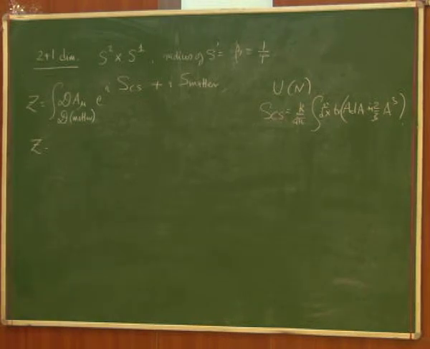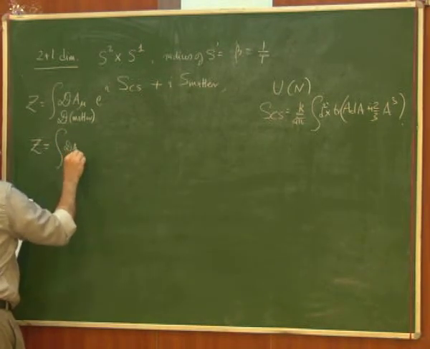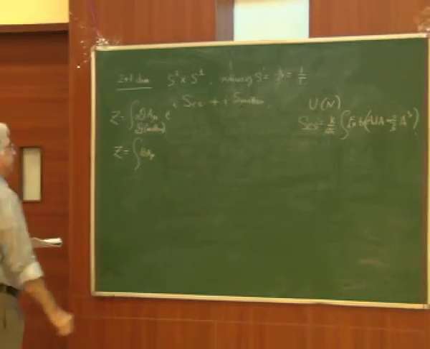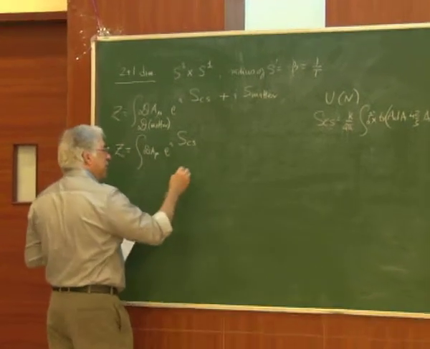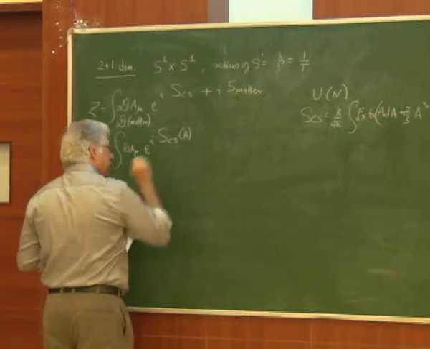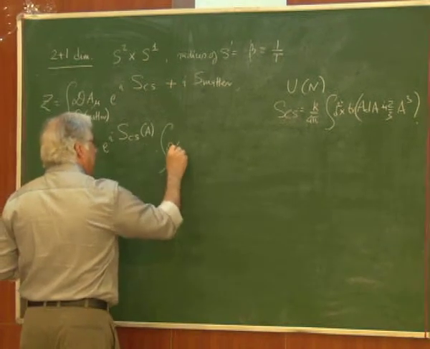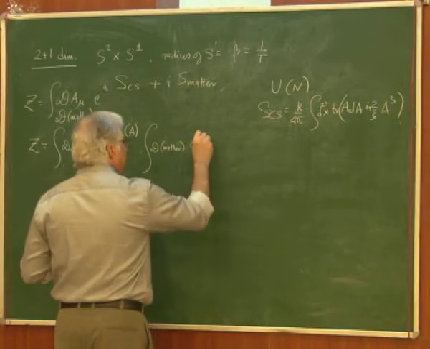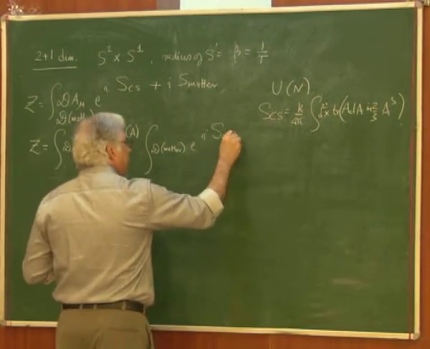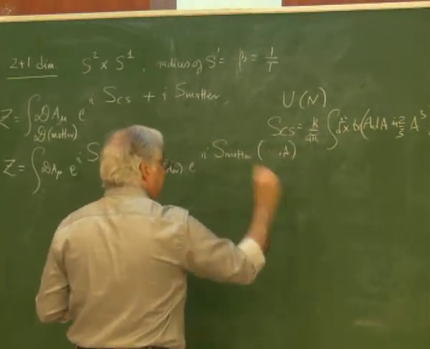Now the point is that I want to split this path integral into an integration over the gauge field, which will have e to the I Chern-Simons, a functional of the gauge fields, times the integral over matter, e to the I S matter, and S matter has matter fields but also has the gauge field.